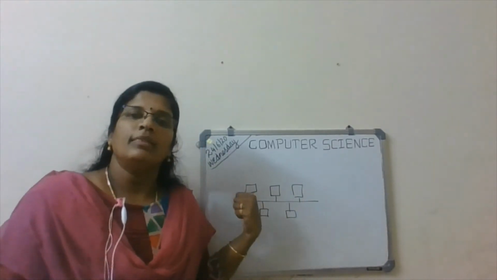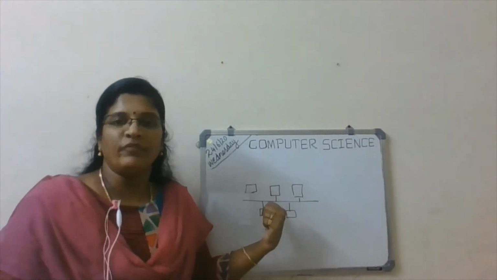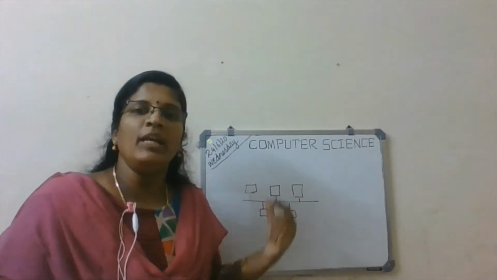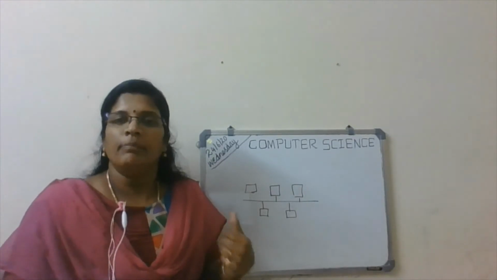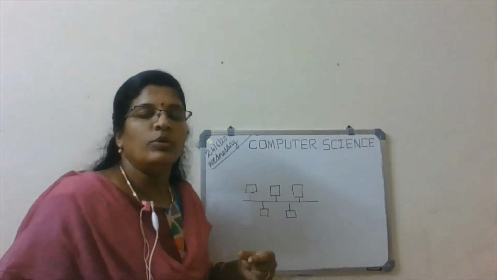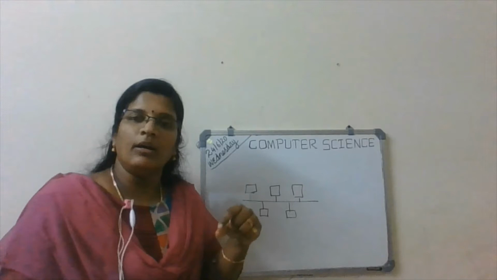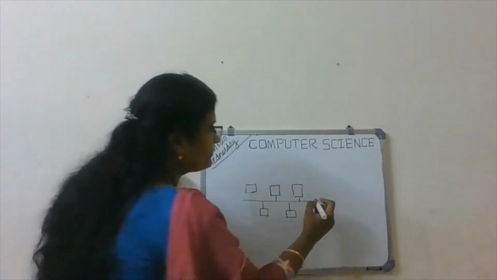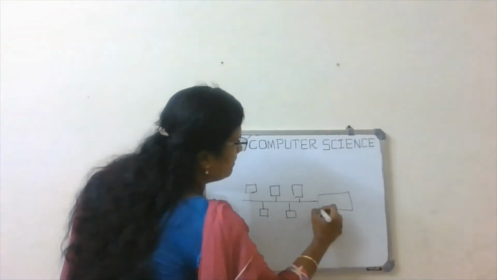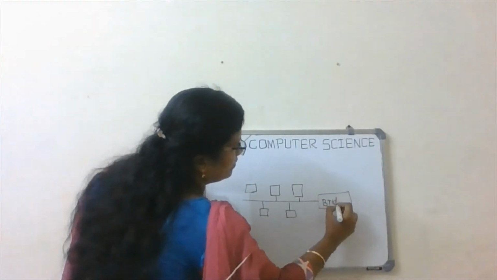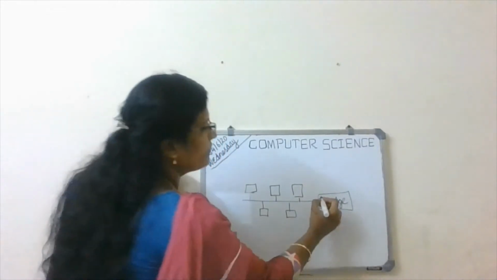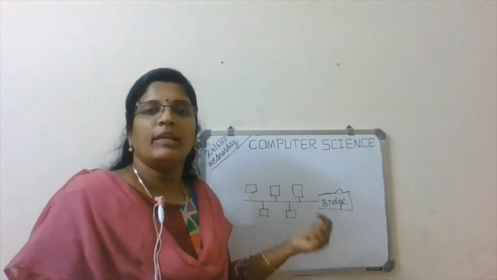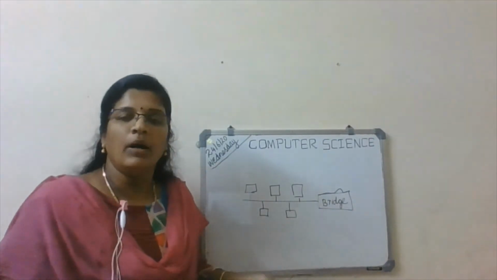And when we connect the computers together, we need a bridge, like an intermediator who is going to transfer information for us, for every computer. So who is this bridge? This bridge can be a switch or a hub or a router.